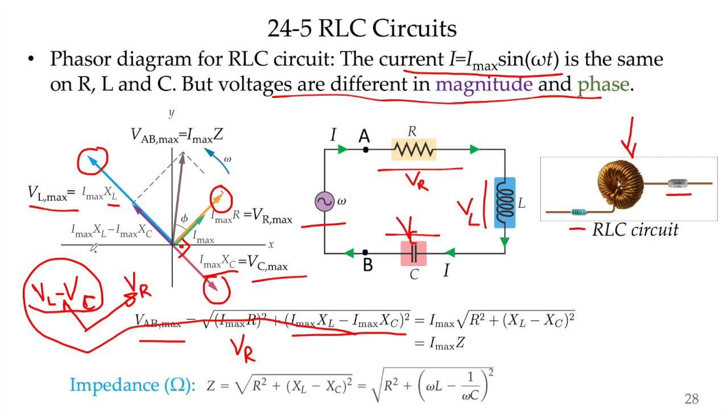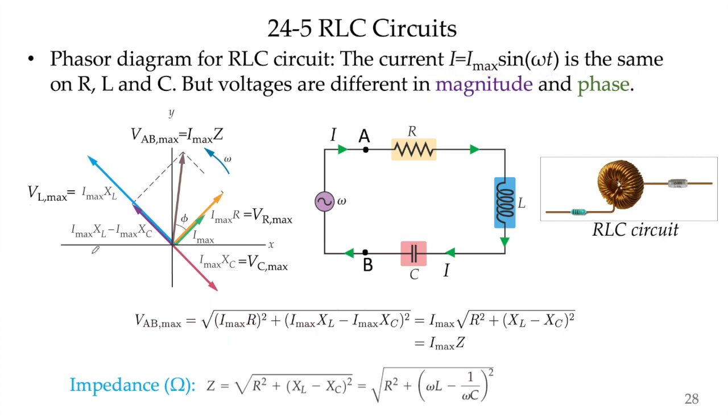So after you draw the phasors, after that point, it's basically just geometry or just vector addition. Now you can see that Imax is a common term here. It's actually Imax squared. Take it out from the square root as Imax. So what's left inside is R squared plus (XL minus XC) squared, square root.